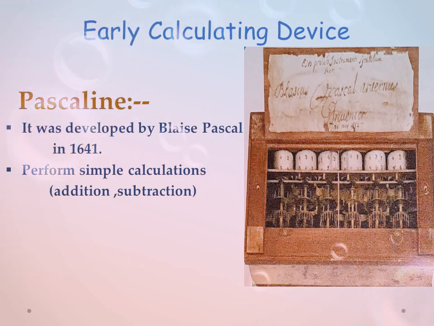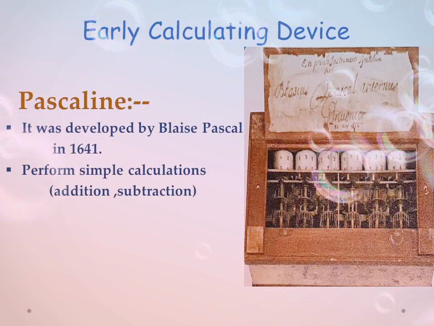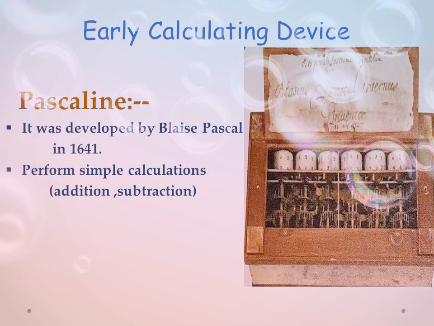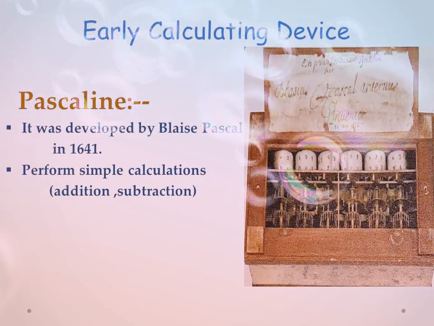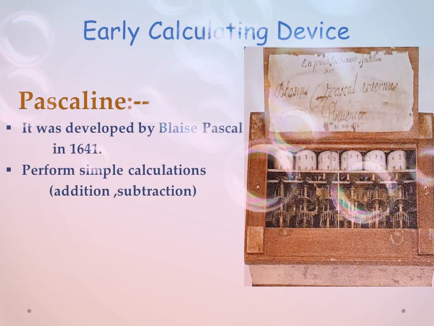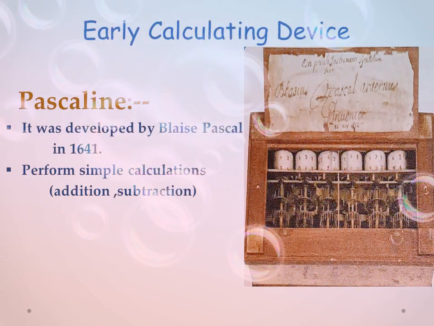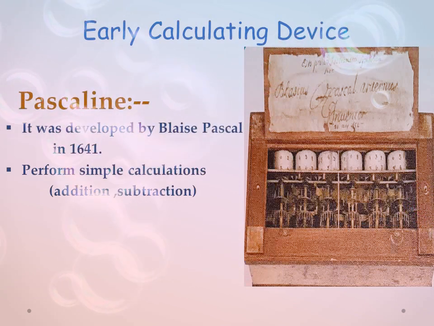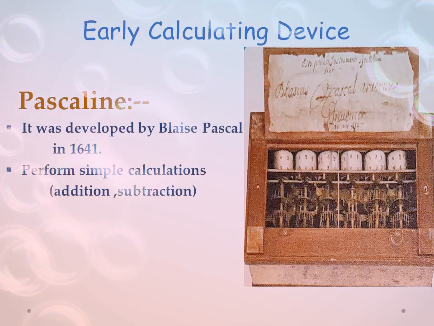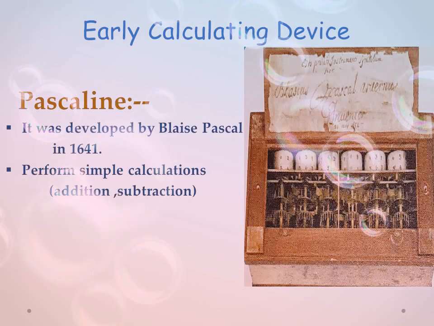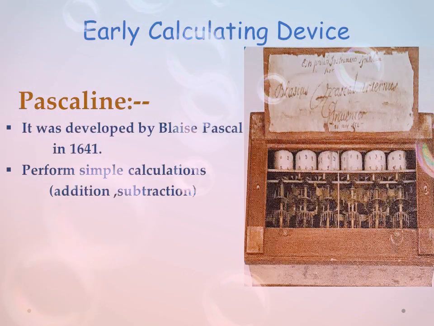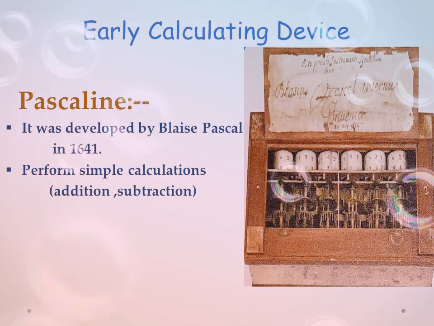Though it would perform only subtraction and addition, yet it became very popular. These three are the early calculating devices. Computers have revolutionized almost everything in our society, but the development of the computer has been classified into generations.